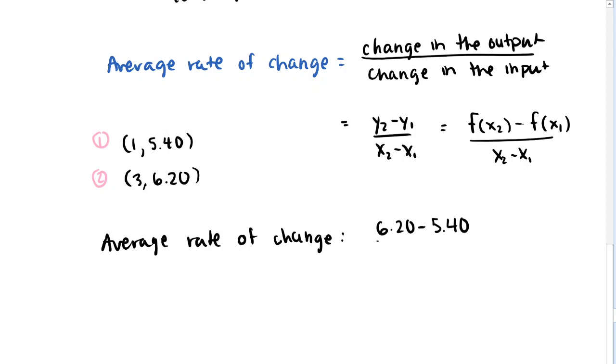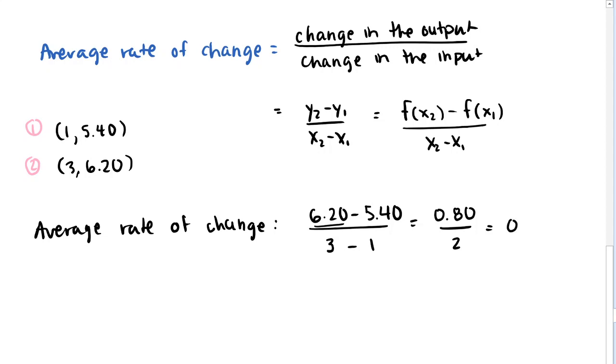Then I just have to be consistent with my ordering: since I'm calling this my second y value, I'm going to use my second x value here. So 3 take away my first x value, 3 take away 1. Well, we get 80 divided by 2, in other words, 40.